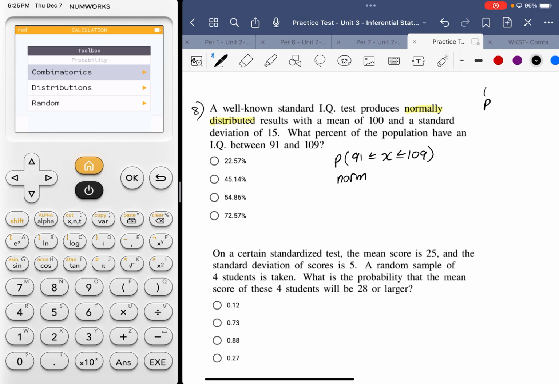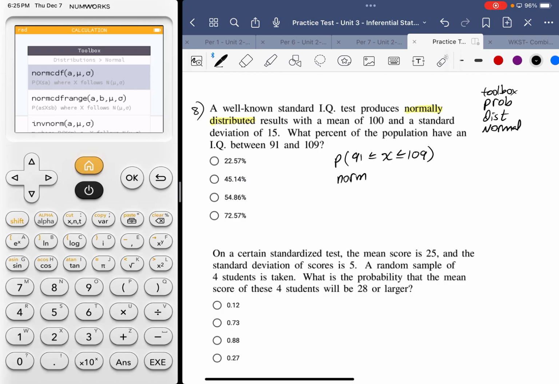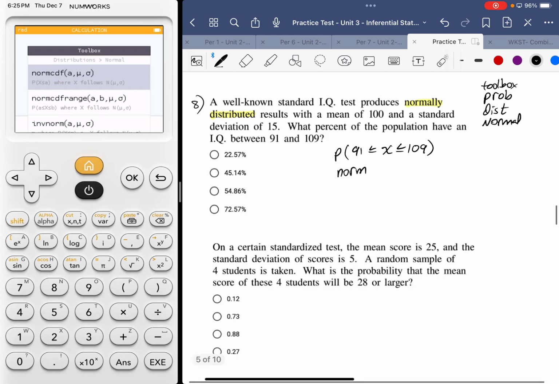So toolbox, probability distributions, normal, and it's the norm CDF. Well, norm CDF range because it's an interval.